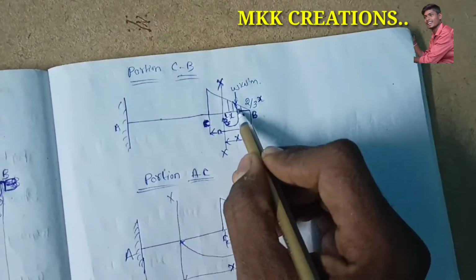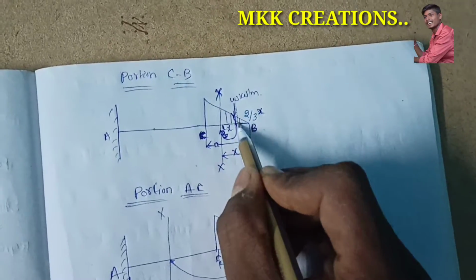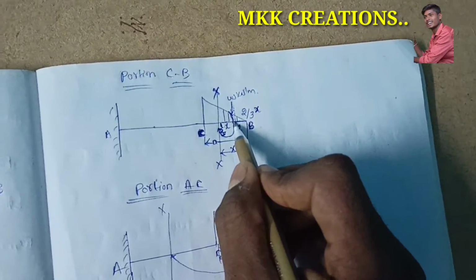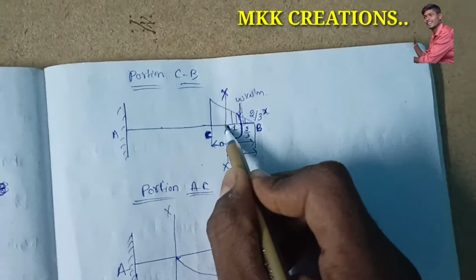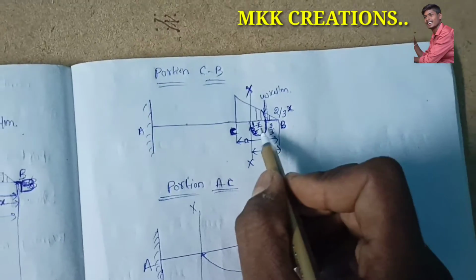The load acts at 2/3 from the free end, and then it moves to section XX. 1/3 of the distance is remaining.